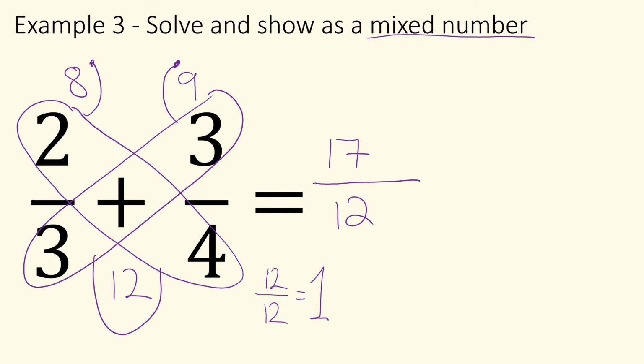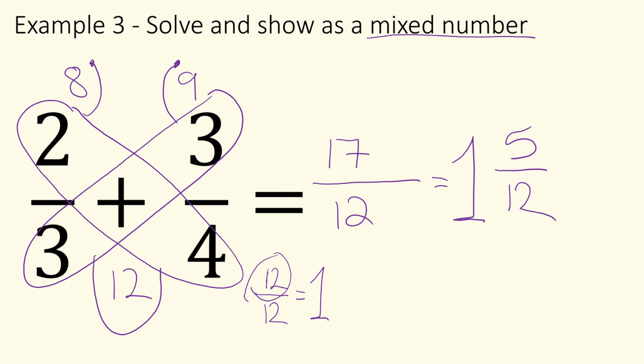Well, if you look at our fraction, we can make up a whole number because we have over 12. So if I took those 12 pieces away from the number 17, we would have 5 left over. So what we have is 1 whole cake with another 5 extra pieces of another cake still left over. So as a mixed number, the answer is 1 and 5/12.